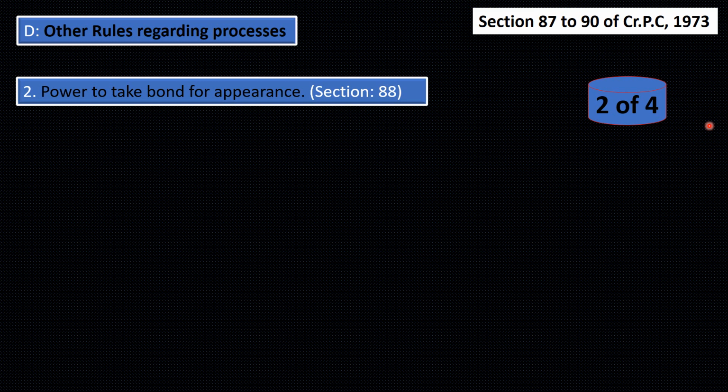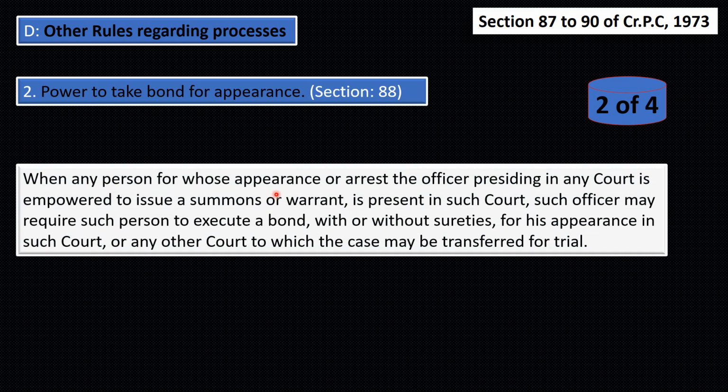Section 88 says that when any person for whose appearance or arrest the officer presiding in any court is empowered to issue a summons or warrant is present in such court, such officer may require such person to execute a bond with or without sureties for his appearance in such court or any other court to which the case may be transferred for trial. Now let's understand in easy language what section 88 is trying to tell us.